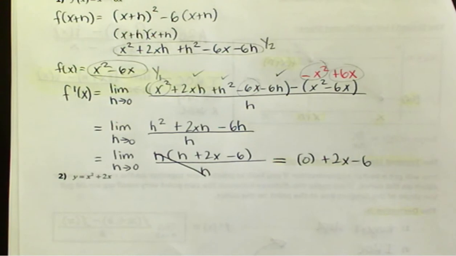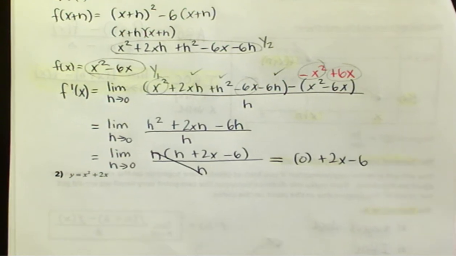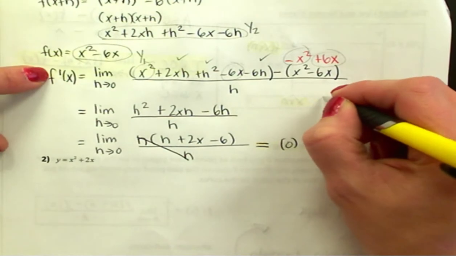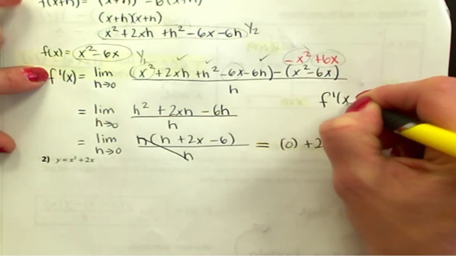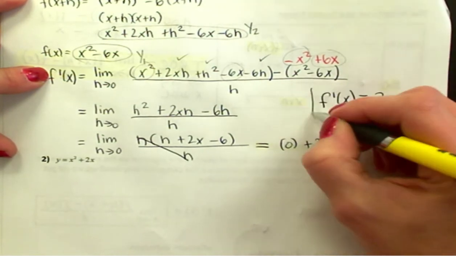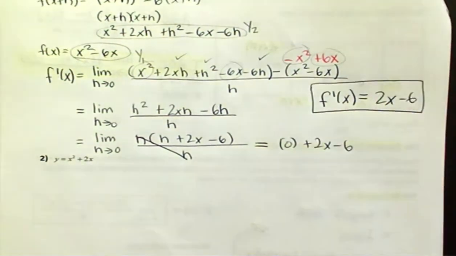Our only goal today is to be successfully able to evaluate that limit statement. That's all I want you to be able to do today. Careful with the signs, combine the like terms, careful with the negatives, factoring. And so I'm going to write down f prime of x equals 2x minus 6. Notice I don't have a number.